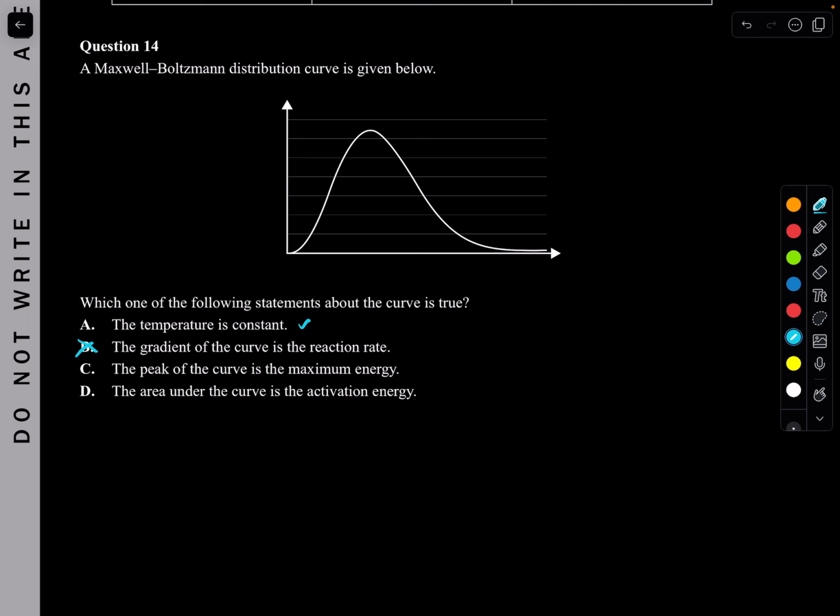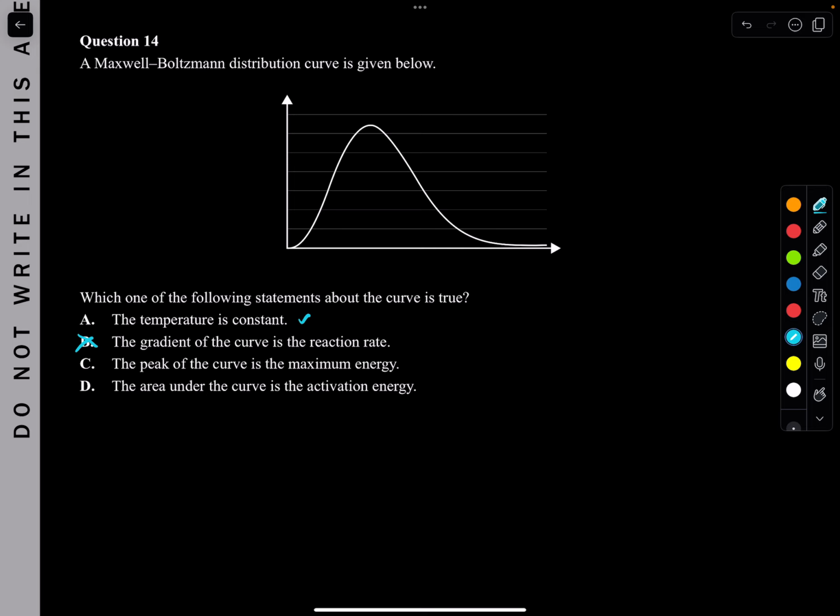The peak of the curve is the maximum energy. No, it's actually the average. It tells us the number of molecules that have the average kinetic energy. So not the maximum. The area under the curve is the activation energy. Wrong. The area under the graph is the number of particles. So A.